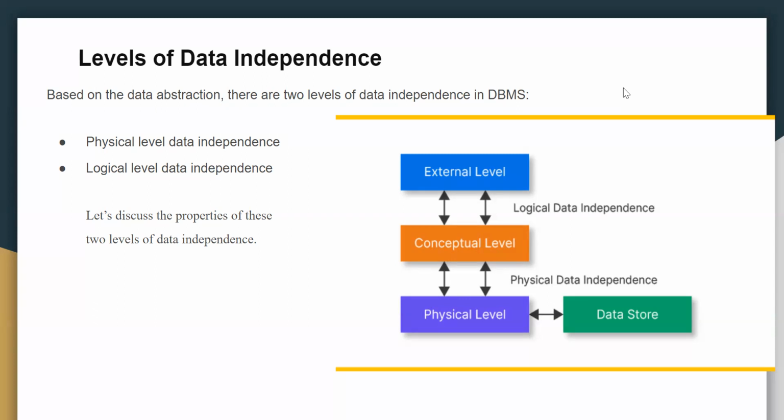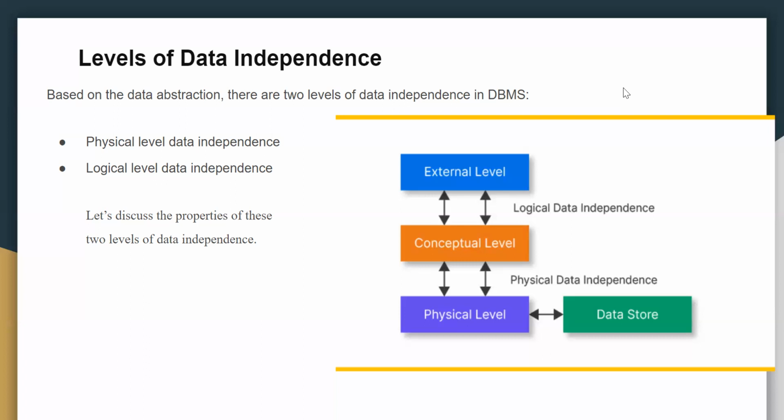With logical data independence, changes made at the logical level need to be made at the application level as well. The internal schema is the primary concern in physical data independence, while the conceptual schema is the primary concern in logical data independence.